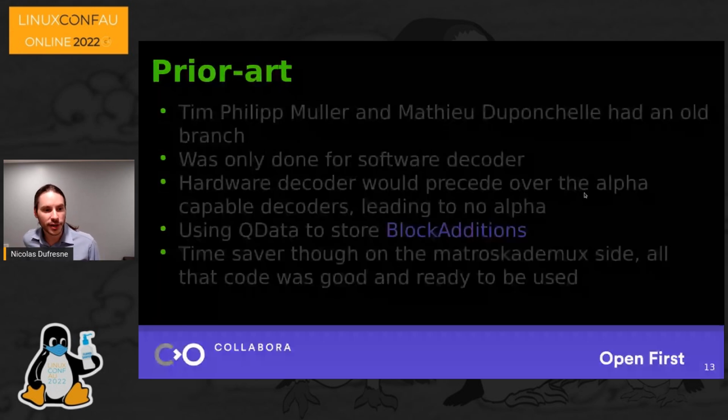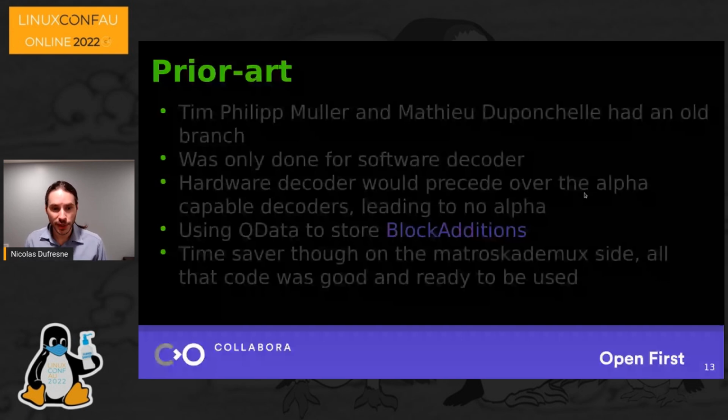Now, about the prior art. Before I started, just like what I usually do, and I would strongly recommend this if you're part of a community, I talked about the project I wanted to do over the IRC channel of GStreamer, and gave some layout of the design I would like to use to make sure that I'm not totally off track, that I'm not doing something that would never work.